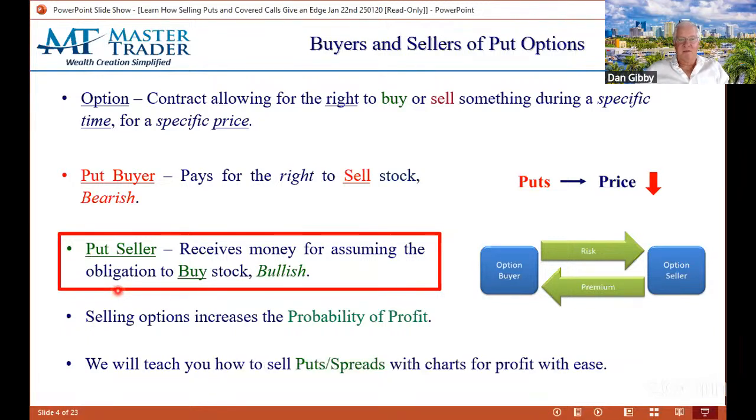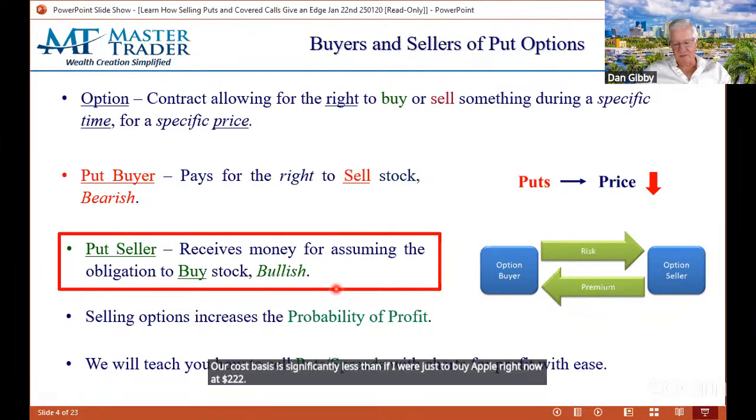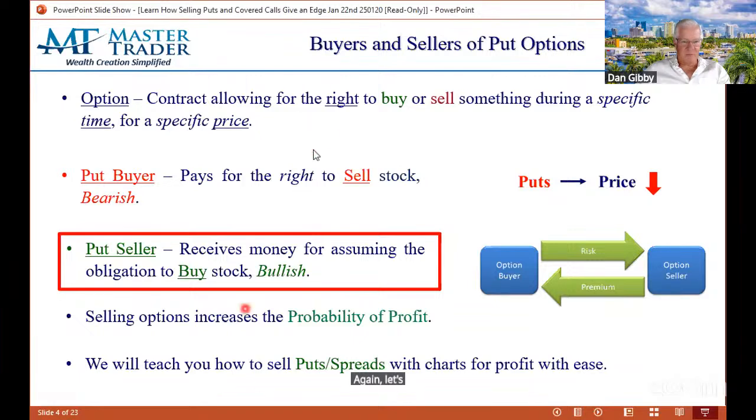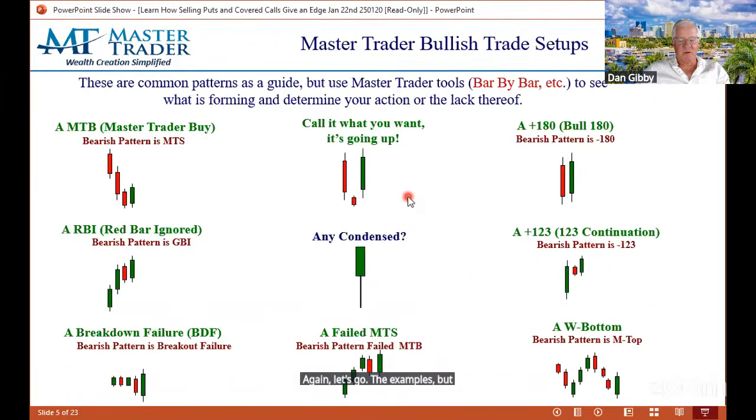Okay, that's as simple as it can be. But by doing this, if we do have to buy Apple, which we don't mind doing, our cost basis is significantly less than if I were just to buy Apple right now at $222. Again, let's go to the examples, but these are the definitions for you.